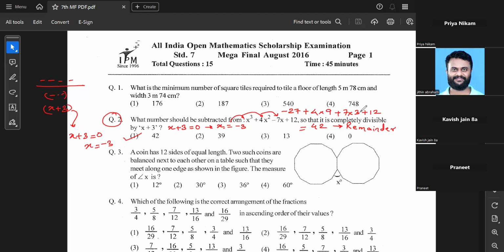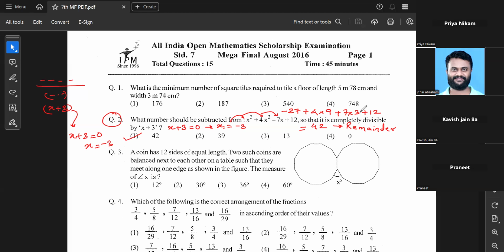Yes, taking x as 1 worked. But there are rare scenarios where you may be wrong. I'm not saying that you will definitely be wrong, but there is a 1% chance that there can be another option as well which may give the same result when you substitute x equal to 1. X can be any value: 1, 2, 3, 4.